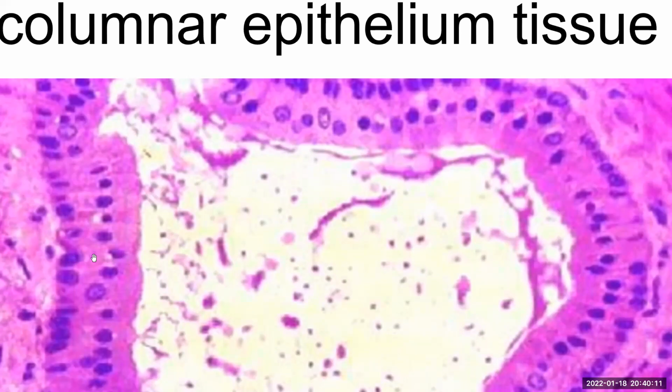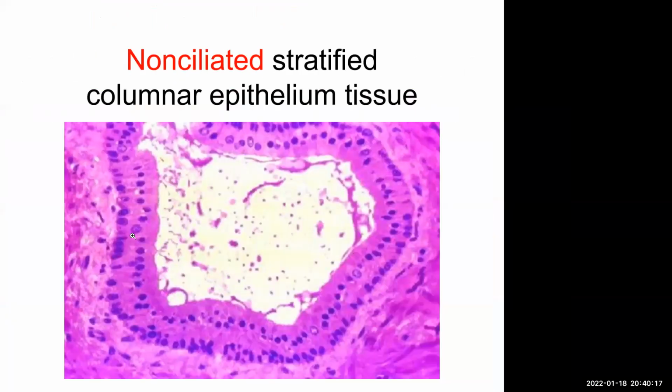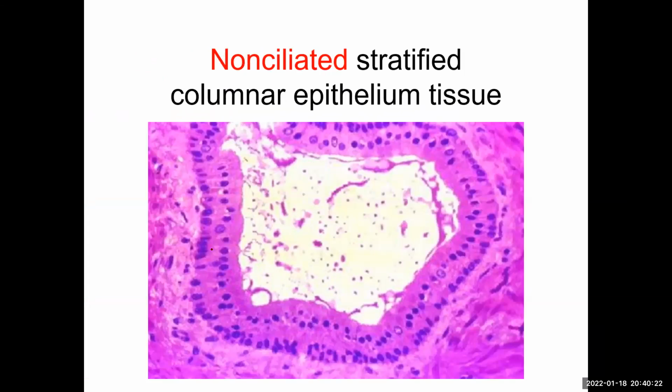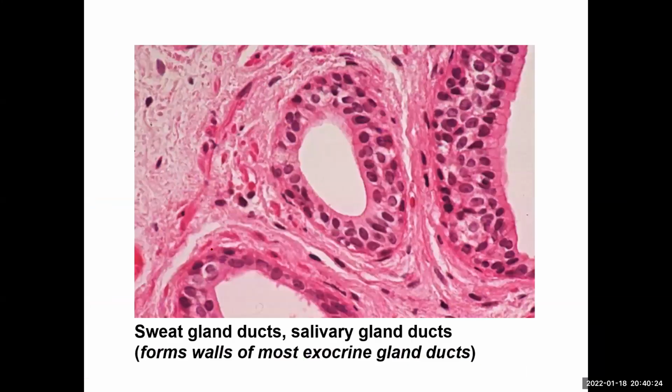So there's going to be all this space from one layer to the next layer. So when you look here, we have quite a bit of space. But when we go back to the stratified cuboidal, there's not much space between one layer and the next layer. It almost looks like they're one on top of another. Here's another one, here are these two. See what I'm saying? Very little space in between.